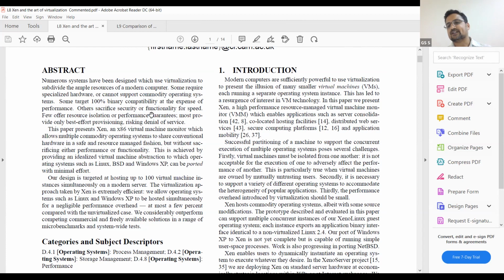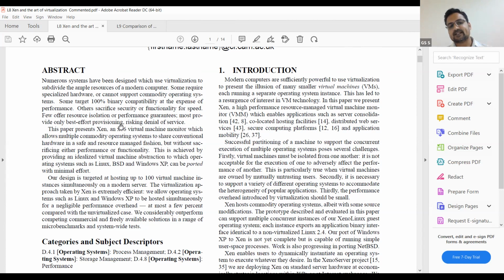So this is how you start. You talk about whatever current tools are available and what problems they have. What is 100% binary compatibility? Emulation, right? You are writing the whole set of instructions in the emulated software. Few offer resource isolation or performance guarantees.